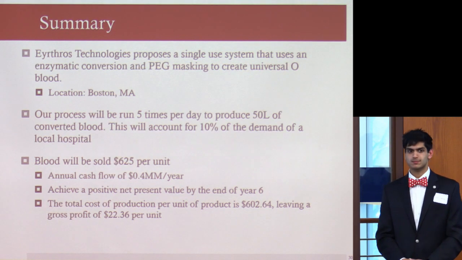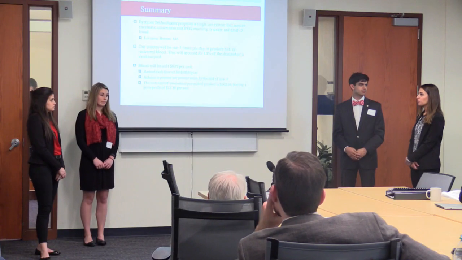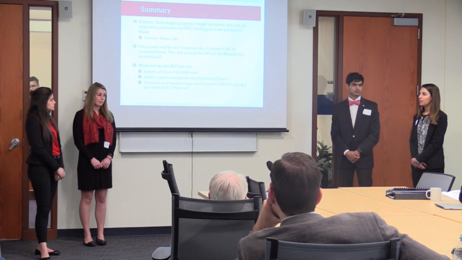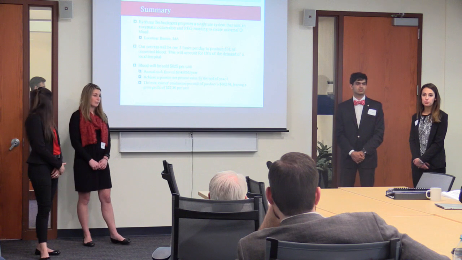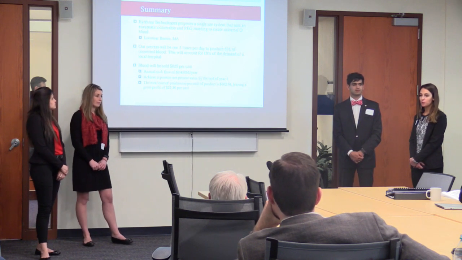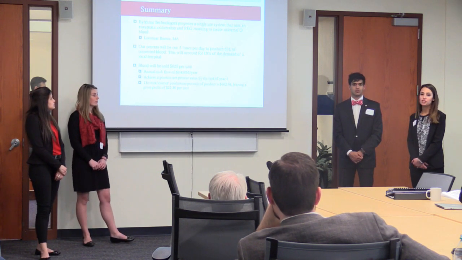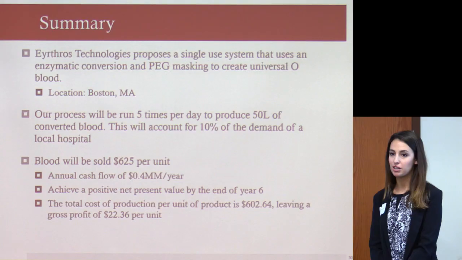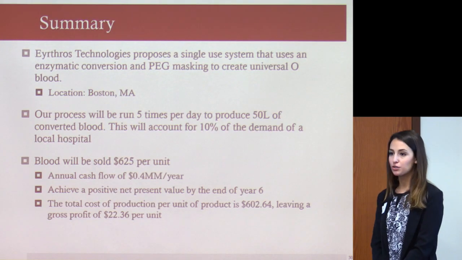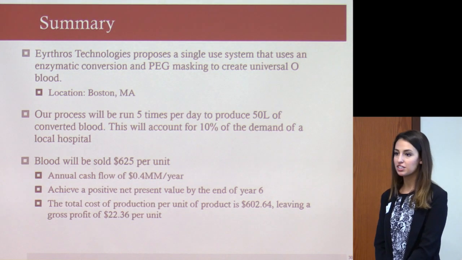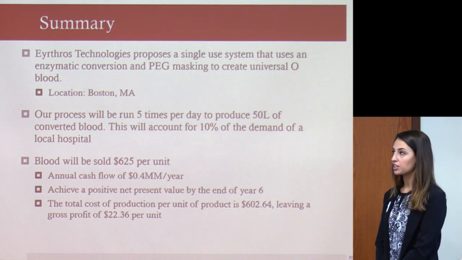So in summary, some of the key points that are important for our presentation today. Erythros Technologies is proposing a single-use system with a combination of enzymatic conversion and PEG masking to manufacture type O blood. We're choosing Boston for our location because of the number of trauma centers here, so there's a lot of room for opportunity.